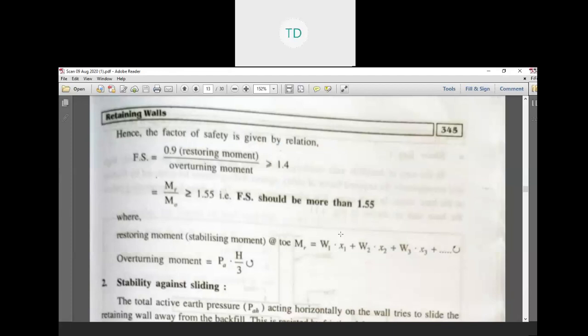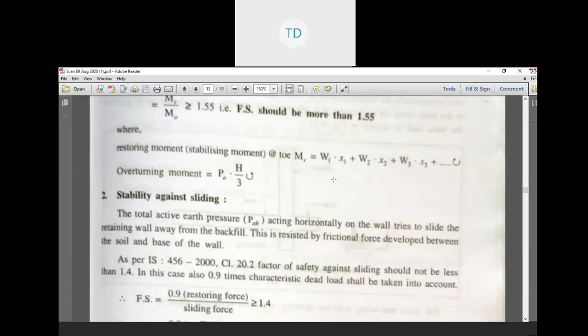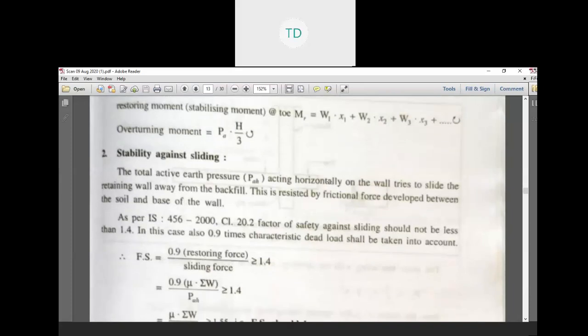Restoring moment totally depends on the weight of different types of material and the center point of that material. That's why W and X are considered. When it is about overturning moment, the active earth pressure is calculated at height divided by 3.